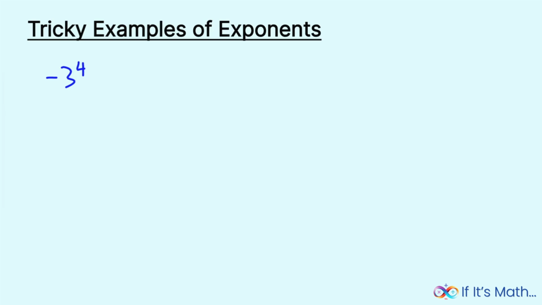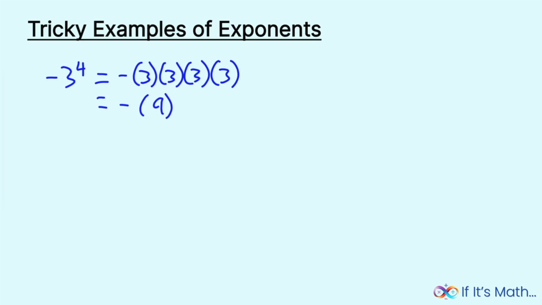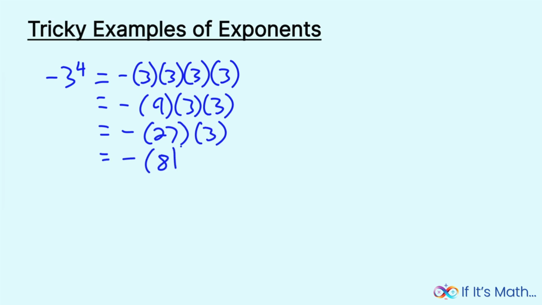So that is going to give you negative 3 times 3 times 3 times 3. So you'll have negative 9 again times 3 times 3, which will give you negative 27 times 3, which will give you negative 81.